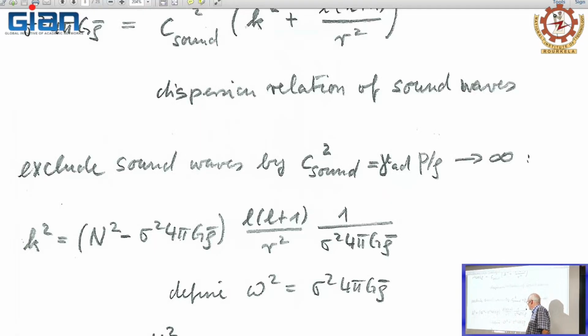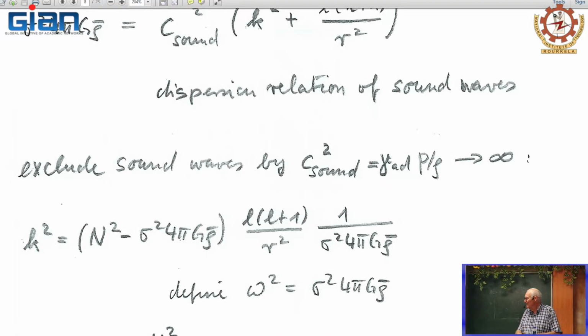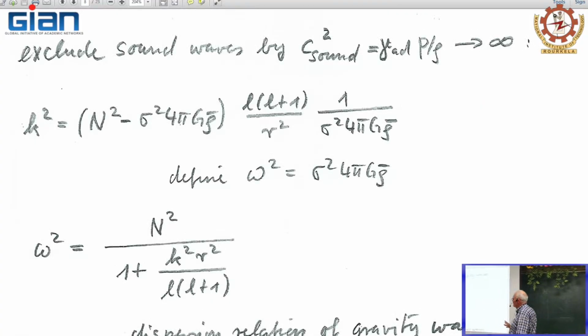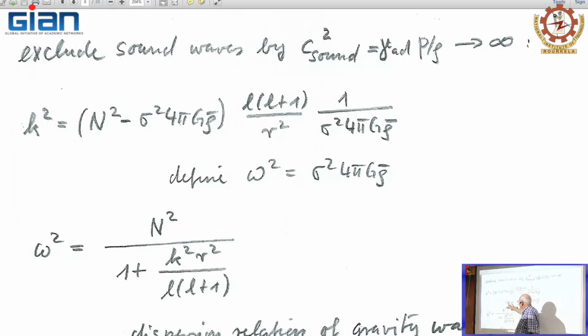If we rewrite sigma squared in terms of omega squared and solve it now for omega squared, then this relation reduces to the Brunt-Väisälä frequency squared divided by 1 plus k squared over L times L plus 1 times R squared over R squared.